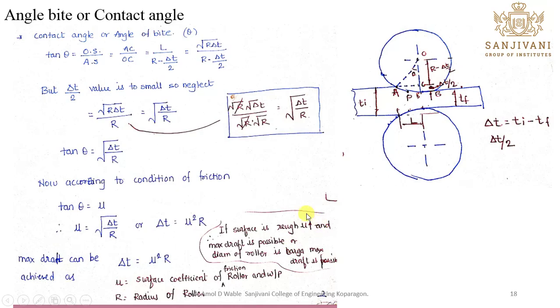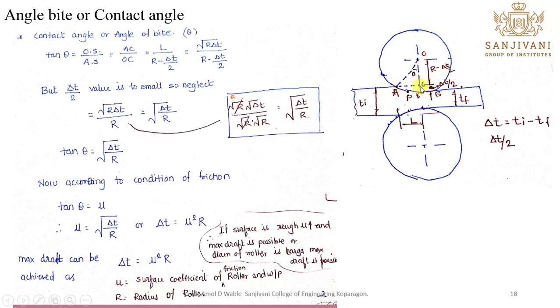Now let us see another concept, that is the angle of bite. We are interested in the relation between all of this. If you see the geometrical construction, you can consider a triangle AOC.